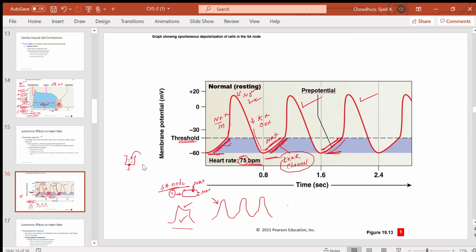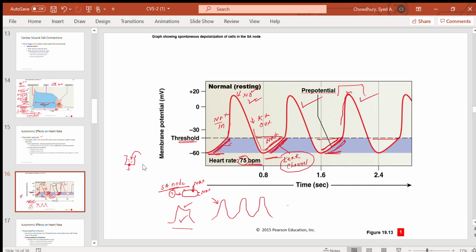So contraction will not occur until this part happens, okay? So this is the interval. The interval is maintained by this slow rise of depolarization in the first part of the action potential. The whole thing is the action potential. This is the first part of depolarization of the action potential, right?